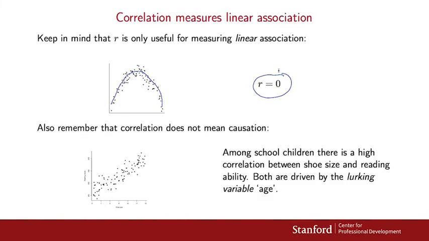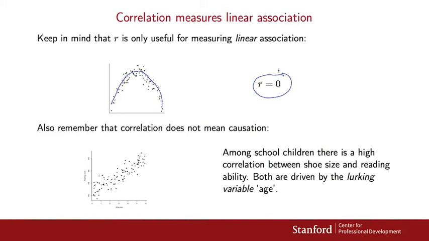Finally, it's tempting to see a large correlation coefficient and conclude that there must be some type of causal relationship between the two variables. But the example on the bottom left shows that this is just not true. That scatter plot shows shoe sizes as well as the score on a reading test for 100 school children. Clearly, there's a very strong association between these two variables.